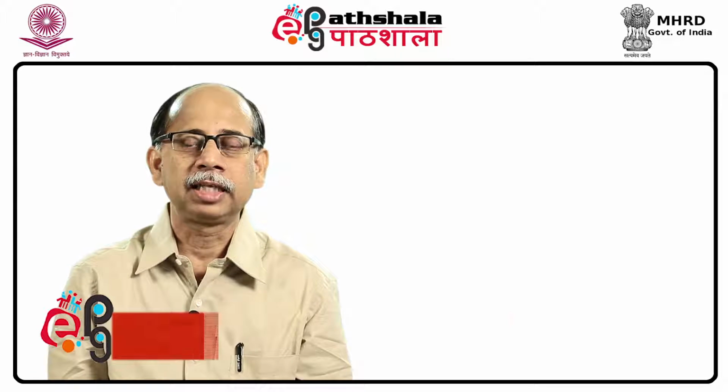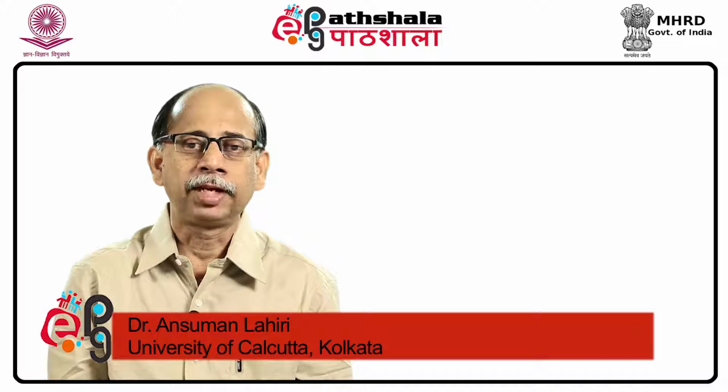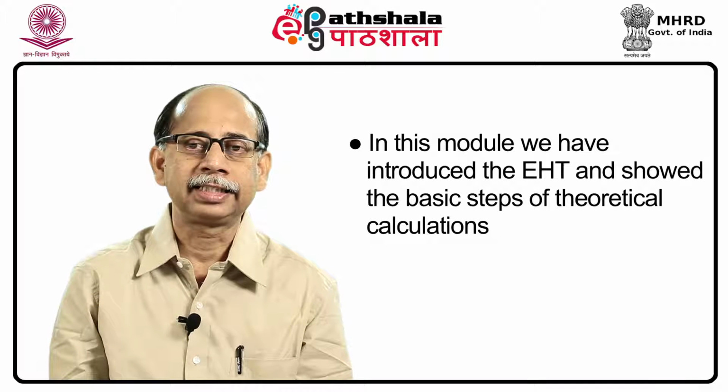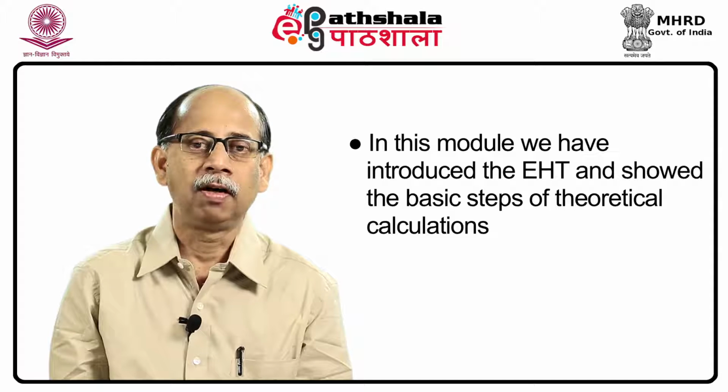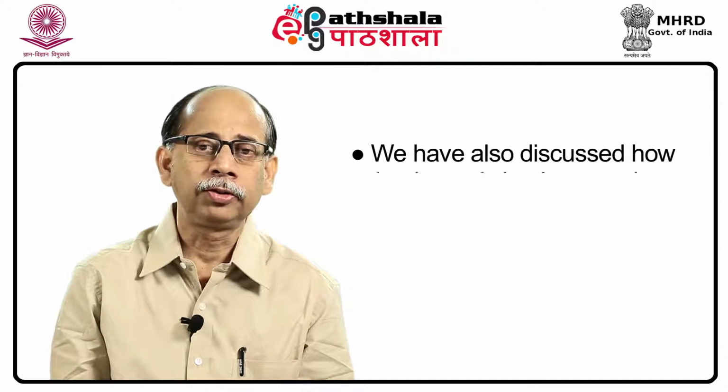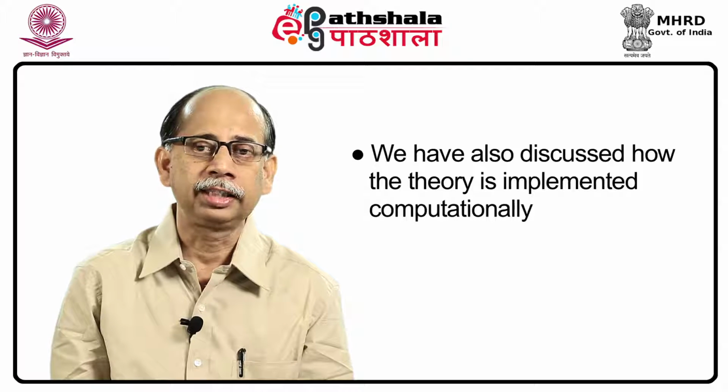So let us briefly summarize the main points we learnt in this module. In this module, we have introduced the extended Huckel theory and showed the basic steps of its theoretical calculations. We have also discussed how the theory is implemented computationally.